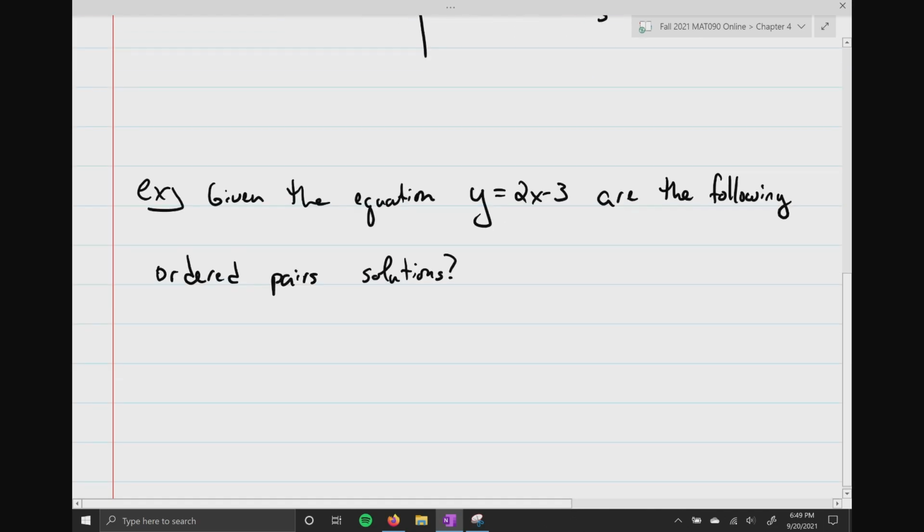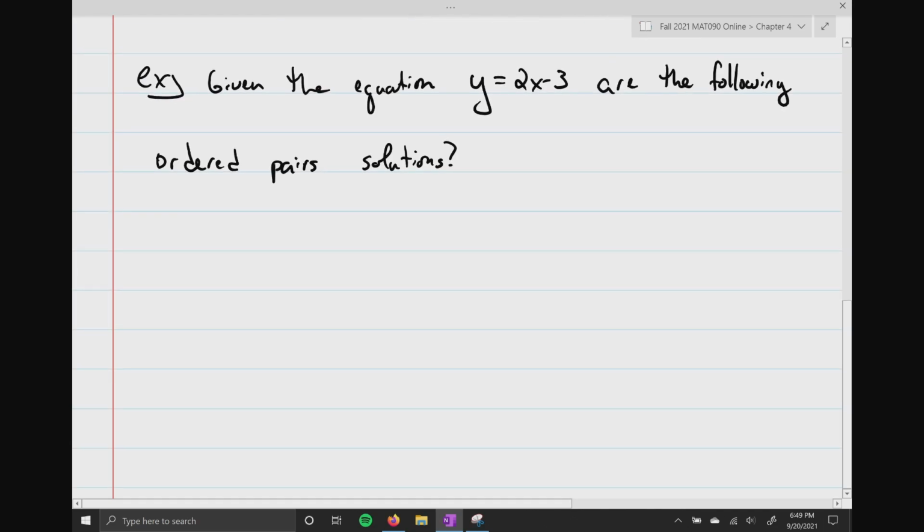Okay? And here are the ordered pairs that I'm going to give us. Part A, 0, -3. Part B, 3, 3. And then part C is going to be 2, -3.